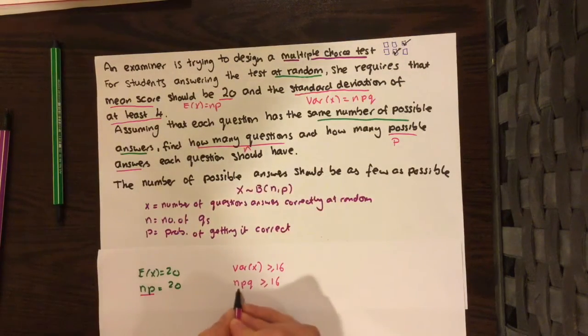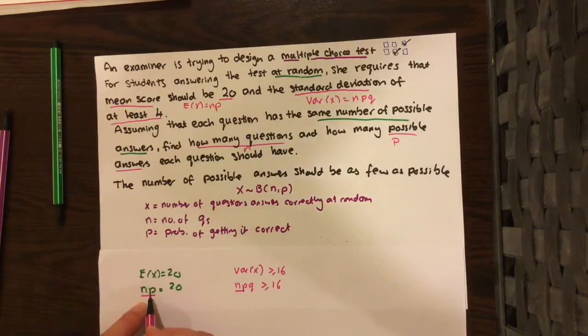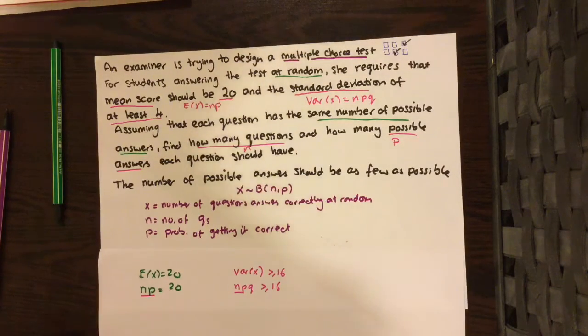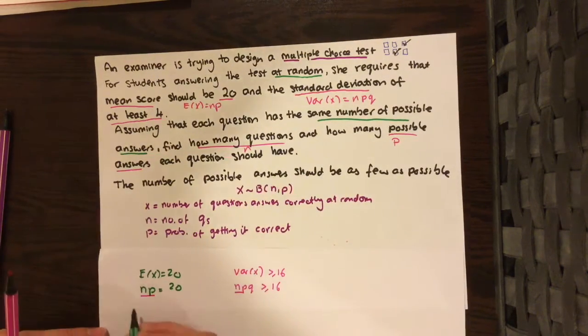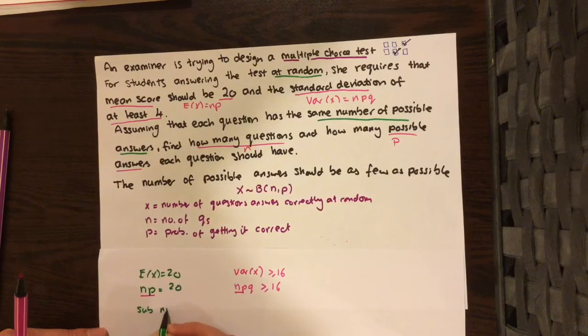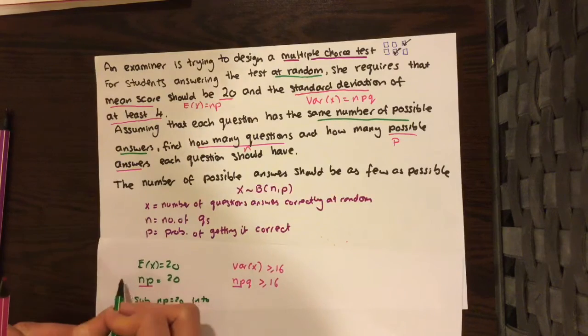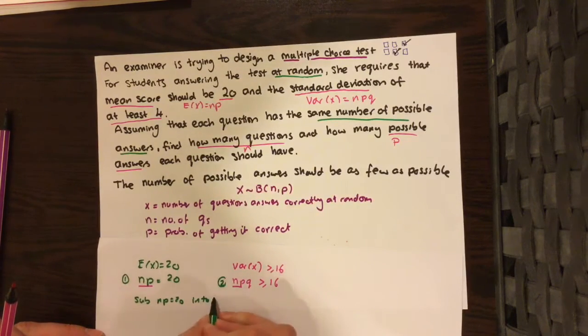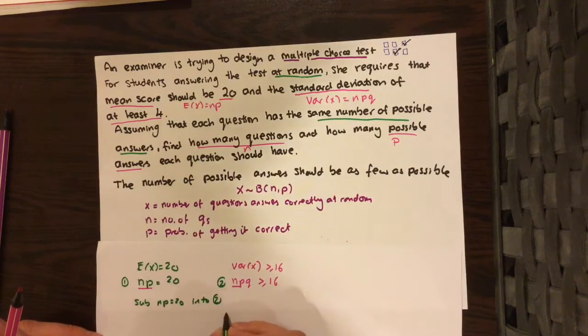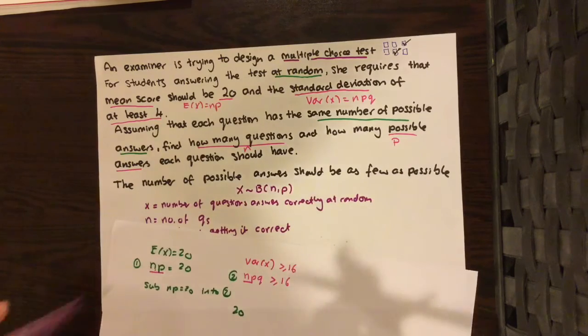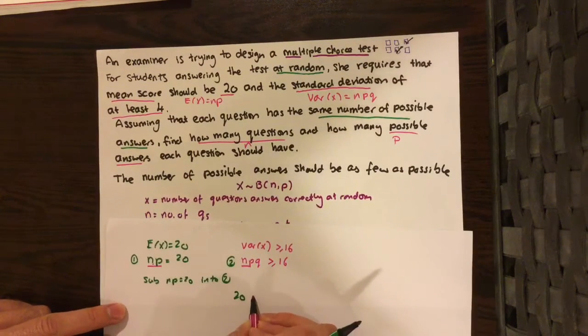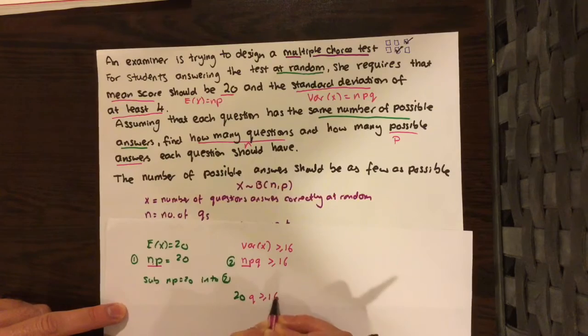Check here, you've got np there and np there, so you can substitute this into that inequality. Let's label these 1 and 2. Substitute np equals 20 and we get 20q is bigger than or equal to 16.